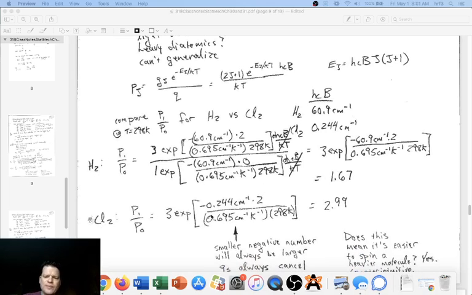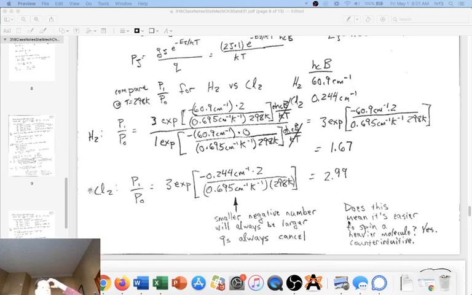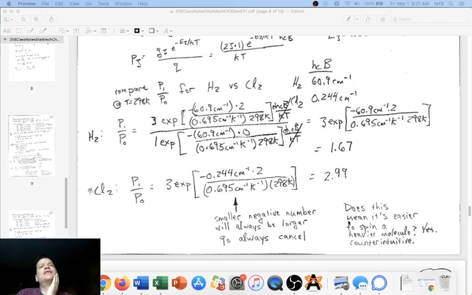With chlorine, do the same thing, it's even bigger. You have 3 times as many molecules in the first excited state as you do in the ground state. And that, to me, is counterintuitive. Does this mean it's easier to spin a heavier molecule? Well, yes. Yes, it is.